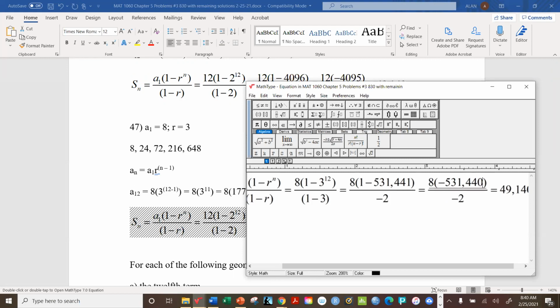So when all of that is done, what we're going to have, and don't forget to divide out by that -2. Okay, 8 times -531,440 divided by -2 is 2,125,760.